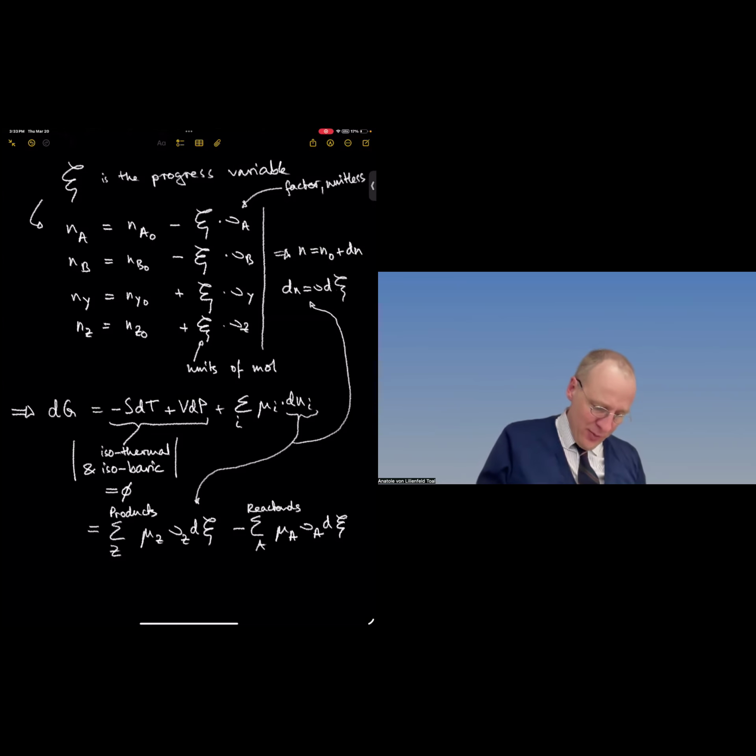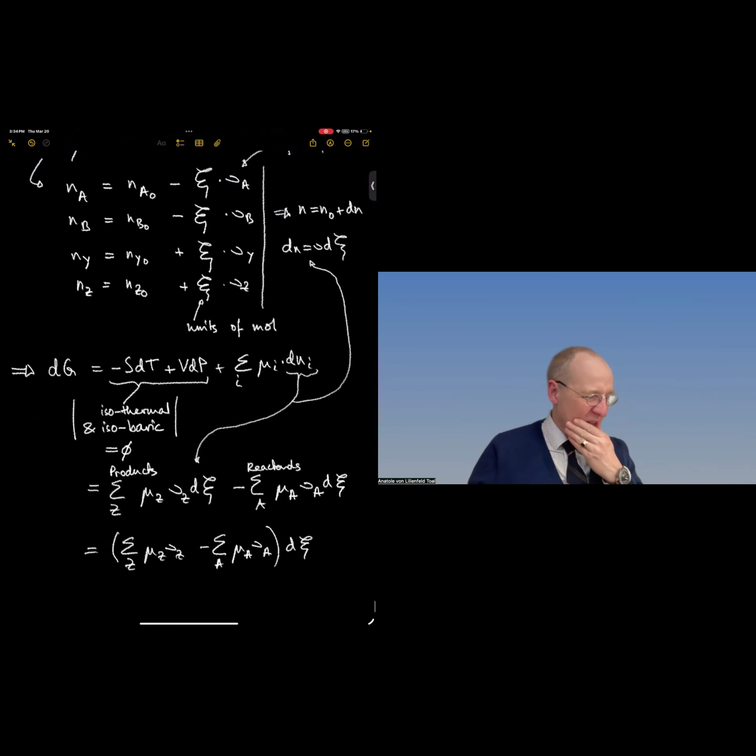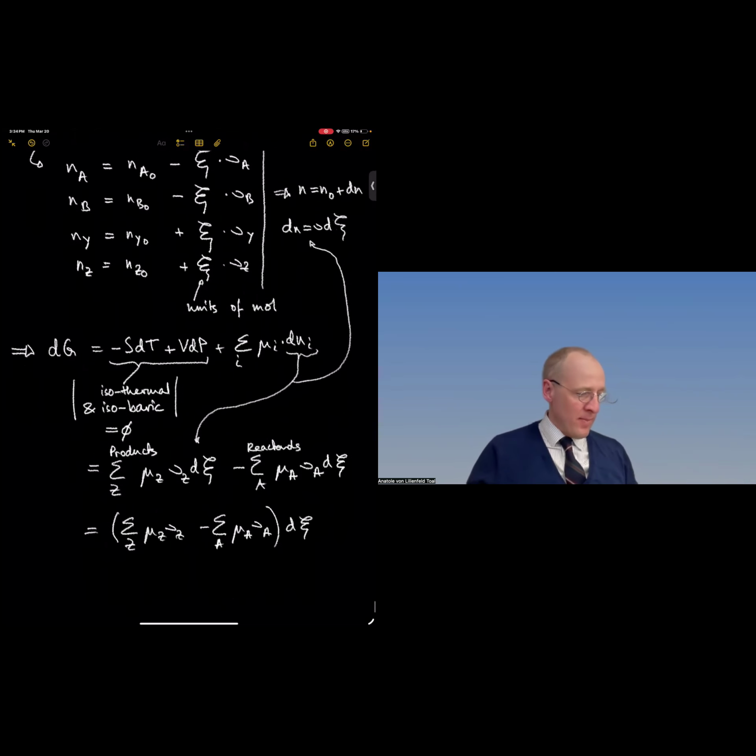Now we have our progress variable present and it's independent of the components. So I can also write this as my sum over C of mu C nu C minus my sum over A of mu A nu A, times d psi.